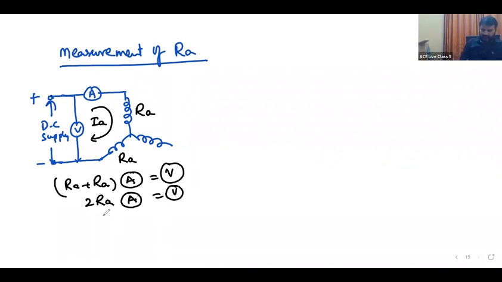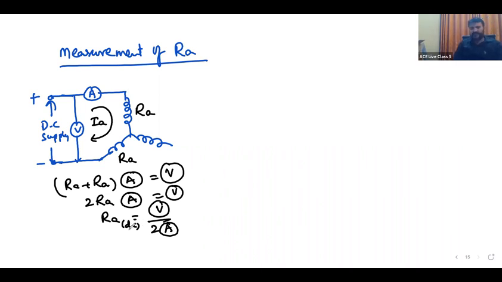So Ra is equal to the voltmeter reading divided by 2 into the ammeter reading. But this is Ra DC. Whereas Ra AC, the effective resistance, is equal to 1.2 to 1.3 times that of Ra DC.